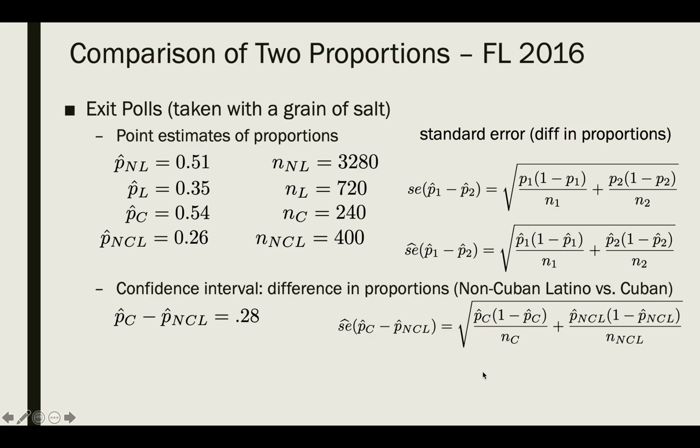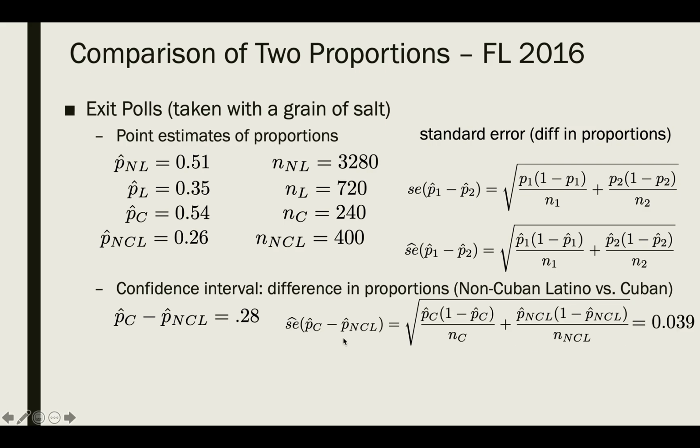Same for the non-Cuban Latinos. Remembering that these p hats again are referring to the proportion of that subpopulation voting for Trump in Florida. Okay, so just filling in 0.54 and 1 minus it, 0.26 and 1 minus that, over their respective sample sizes. And we get 0.039, just about 4% as our standard error.